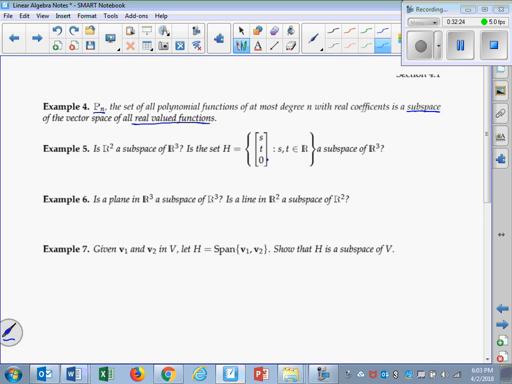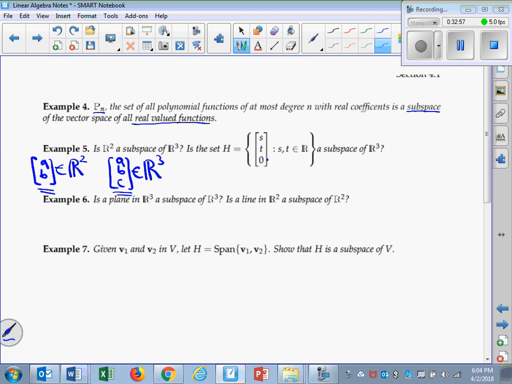Let's look at vectors in R2. So vectors from R2 look something like this, A and B. So this is in R2. Then what do vectors from R3 look like? They look like maybe something like this. So I'm never going to come across a two-dimensional vector inside a three-dimensional space.